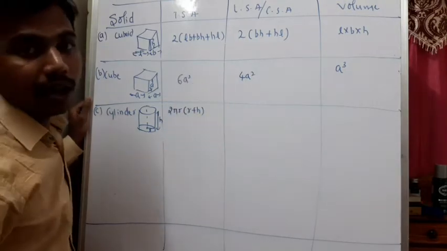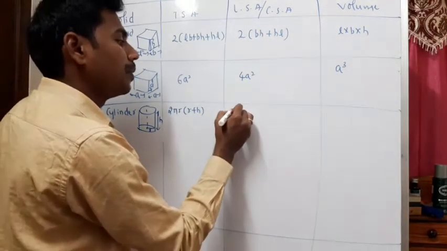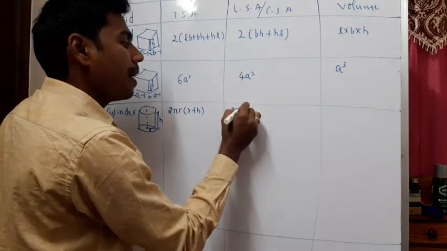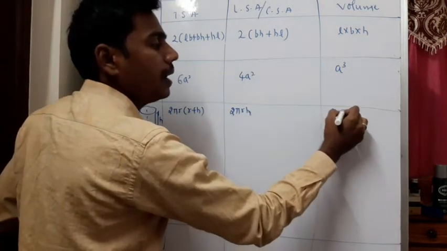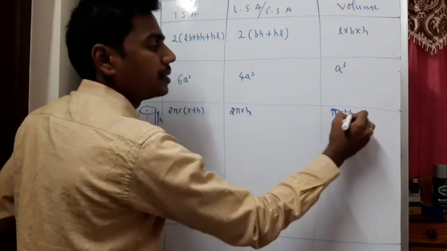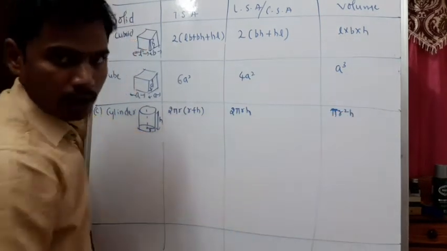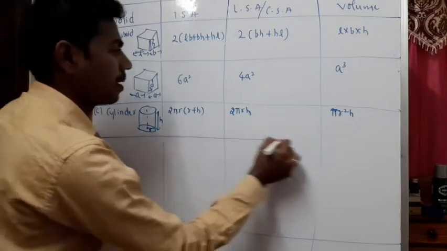What is curved surface area? 2 pi R H. What is the volume? Pi R square H, base area into height. In that way you should remember.